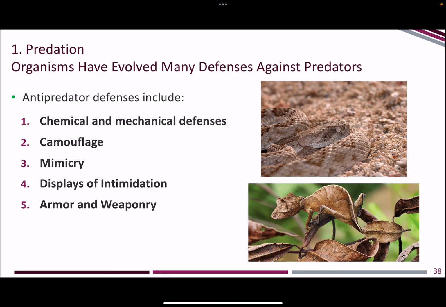Predator-prey relationships can be very complicated because our predators have evolved lots of mechanisms to catch their prey. We've got big claws, we've got large teeth, we've got strength. We've got sneaky behaviors, things like that.